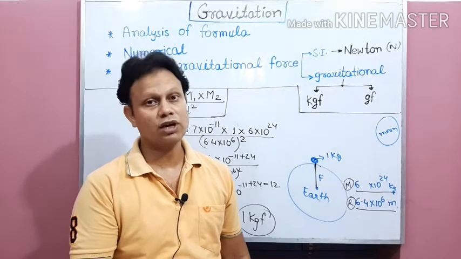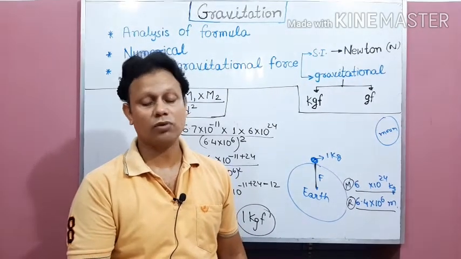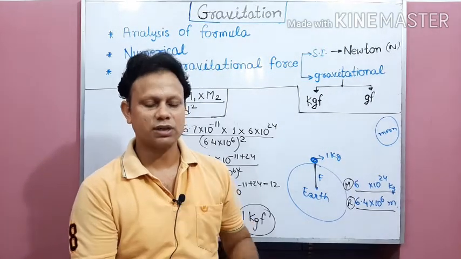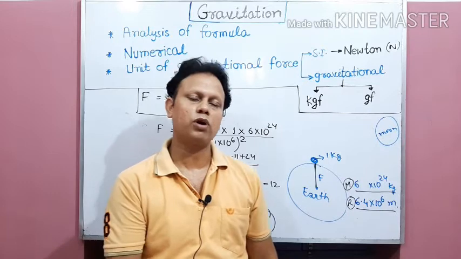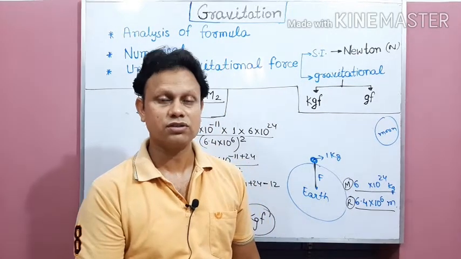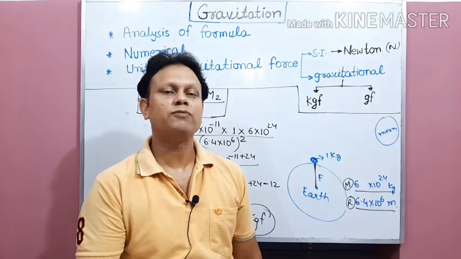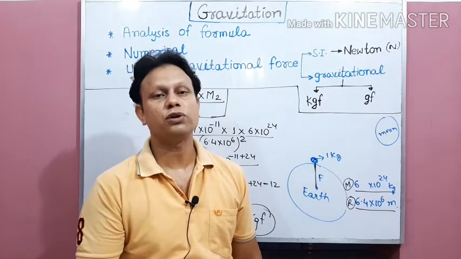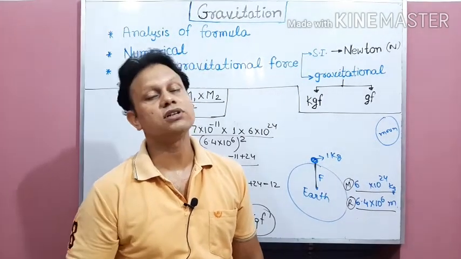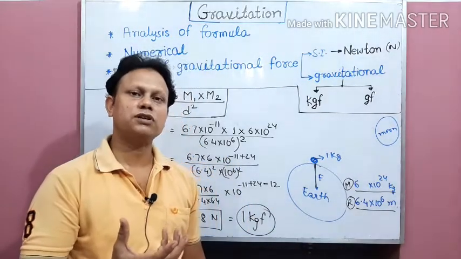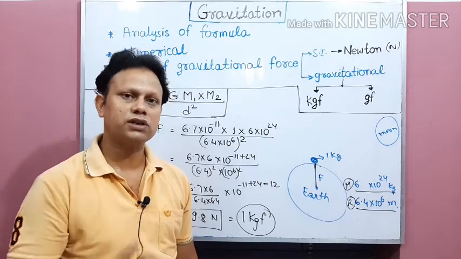But to get 1 kilogram force, how much do you have to keep on your hand? A 1 kilogram object. Whenever you hold an object of mass 1 kilogram on the earth's surface, you are experiencing 1 kilogram force, which is a unit for measuring gravitational force.